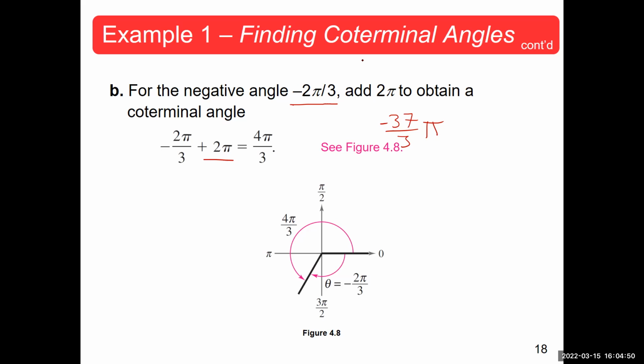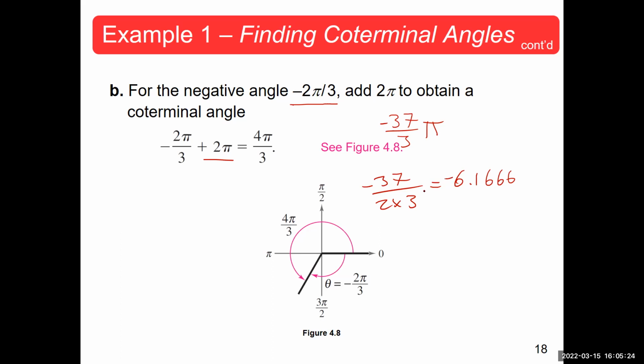I cannot just keep adding 2 pi, 2 pi, 2 pi. To find the coterminal for this one, we do the same process. We divide 37 by 2 times 3. It's going to give us 6.1666. Let's keep it negative.